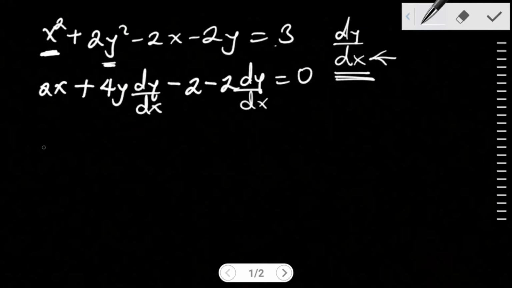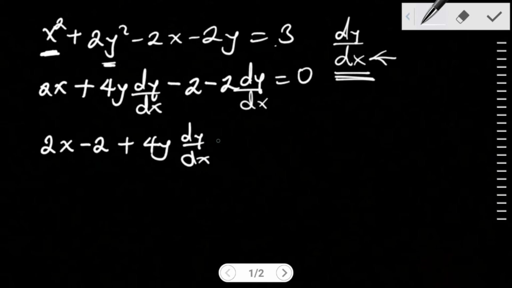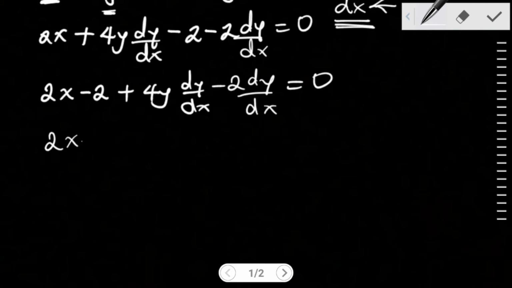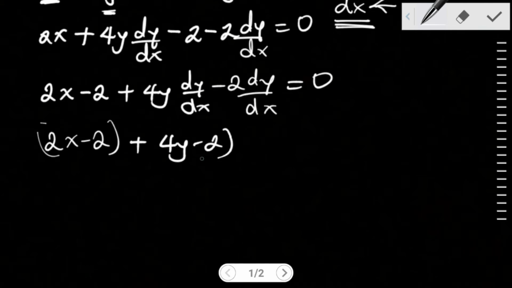Now let me collect those that are alike. So I'm going to have 2x minus 2, close this, plus 4y minus 2, close this, dy/dx equals 0.